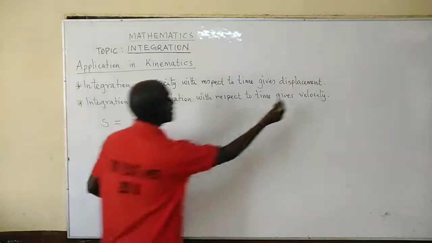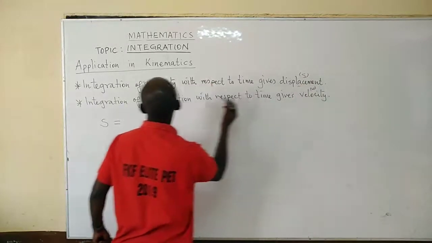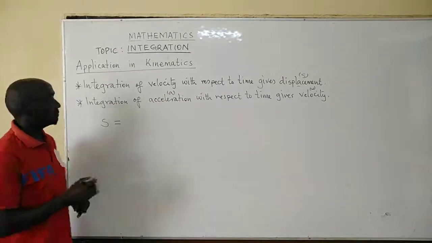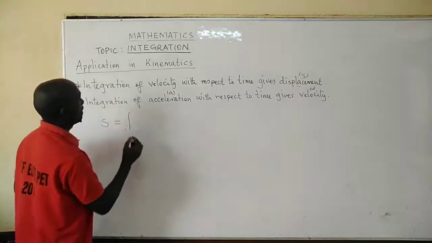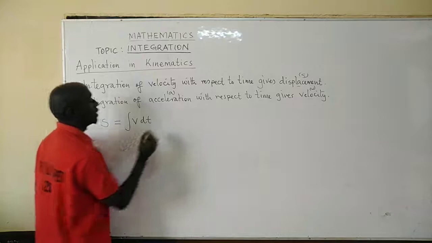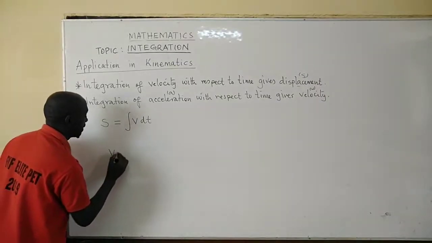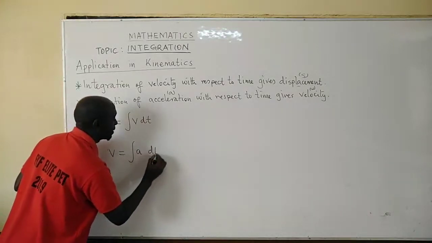You can use symbols. Remember the symbol for displacement is S, the symbol for velocity is V, the symbol for acceleration is A. So to get S, we integrate V with respect to time. To get V, we integrate acceleration with respect to time.